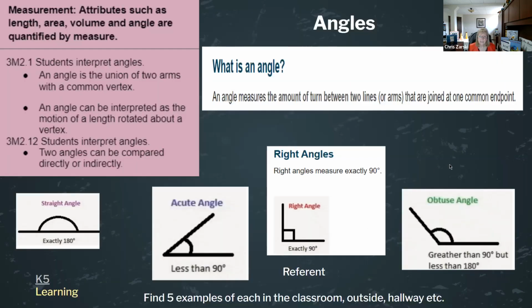The other piece that we did do some work on, but I want to revisit again, was that work about angles. And so in your measurement unit, we talk about students interpret angles. First of all, what is an angle, right? An angle is just, you have two rays and they're connected by a corner. People call it a corner, but the proper term would be the vertex.